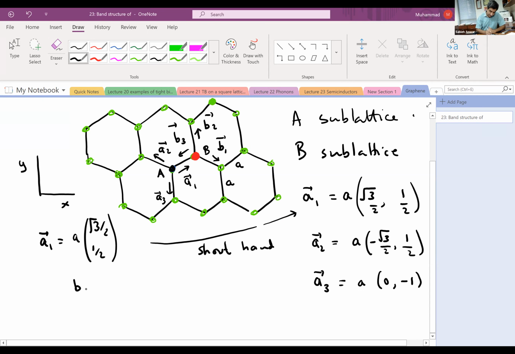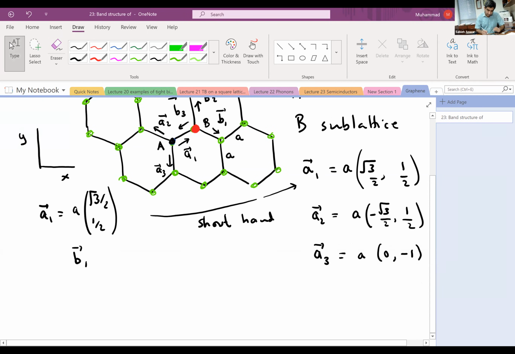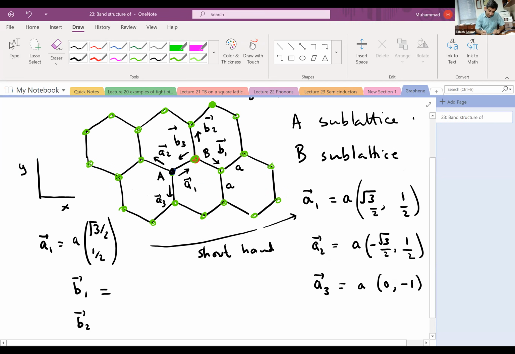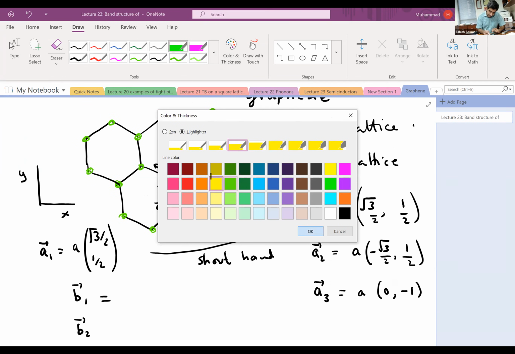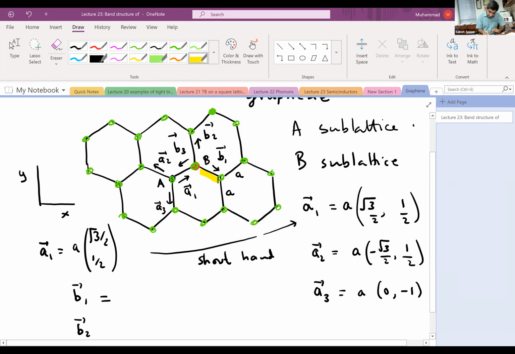Likewise, I can define B1, B2, and B3. So if I look at B1, this position vector here, B1 is turning out to be the negative of A2. B2 is turning out to be the negative of A3.